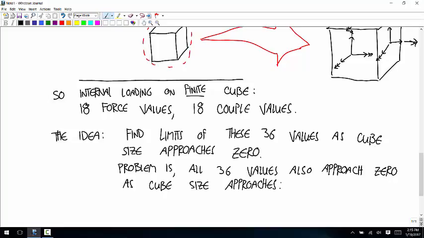I mean, there'd be some benefits to having the stress of any material point being a matrix of 36 values of 0, easy to calculate. The problem is it doesn't tell you anything.